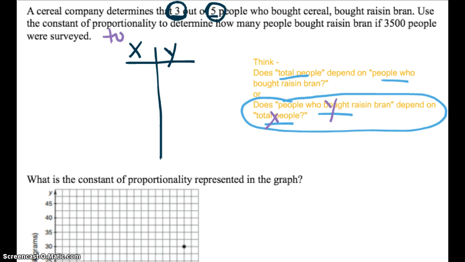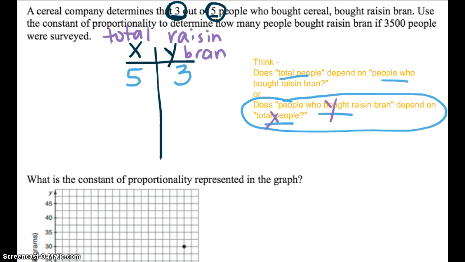So X is our total, and Y is our Raisin Bran people. So we're given in this situation that 3 out of 5 people bought Raisin Bran. So 5 is the total number of people, and 3 would be the people who bought Raisin Bran.